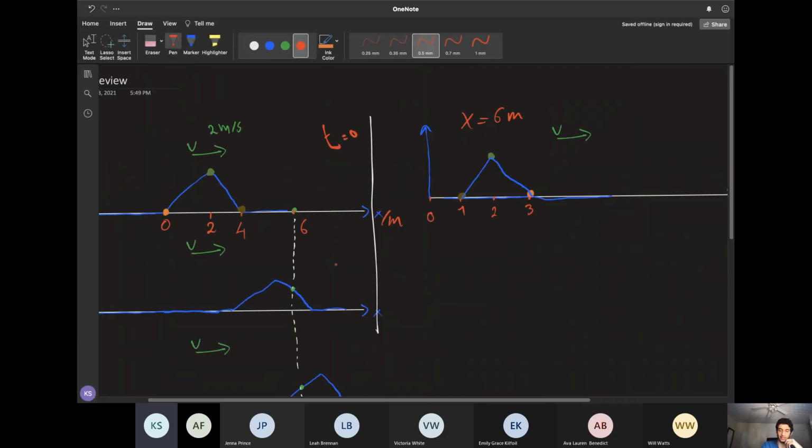So basically, if we drew this, say this is the source, and at 20 centimeters the phase is equal to 0.